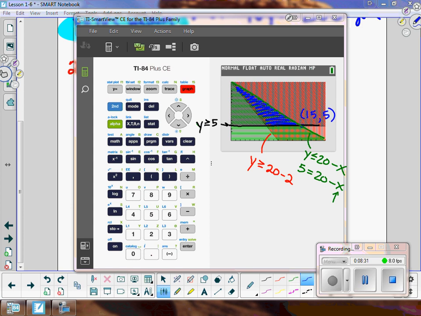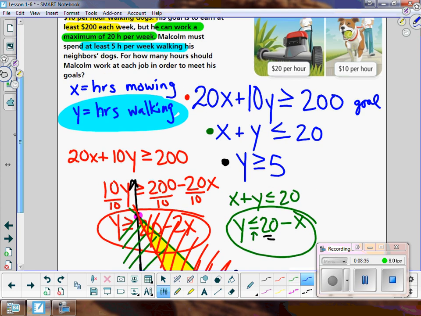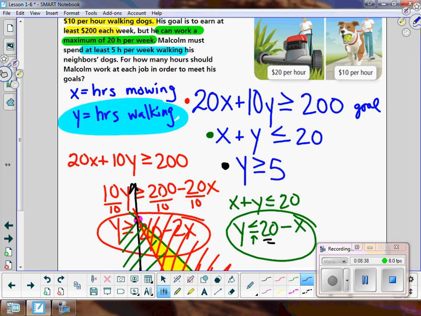That means he could spend 15 hours mowing lawns and 5 hours walking dogs. That would fit into the equation here. 15 for x, 5 for y would make him at least 200 bucks. It would be over 200 bucks. And 15 plus 5 would be less than or equal to 20. How much money would he make there?